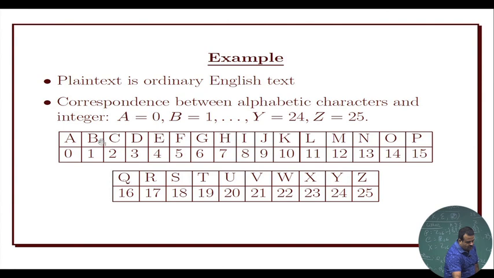So, A means 0, B means 1, C means 2, D means 3, E means 4, and this way we continue. So, 23 means X, and 22 means W. This is the one-to-one correspondence we are going to use for our encryption and decryption process. That is the reason we have to take mod 26.